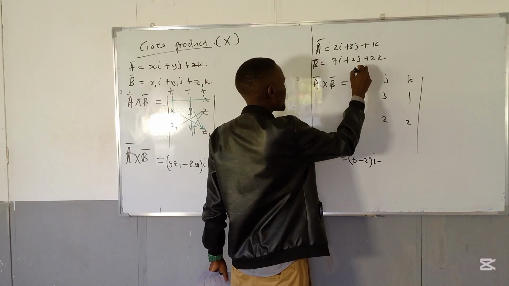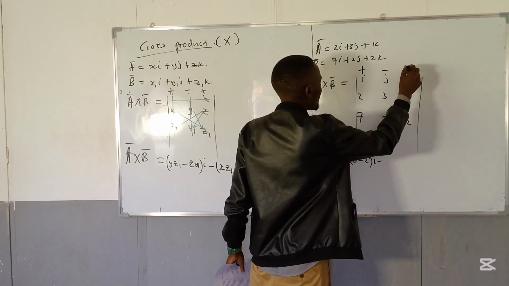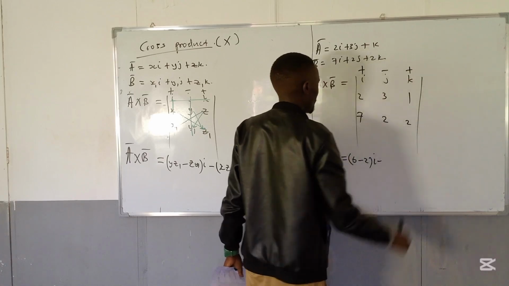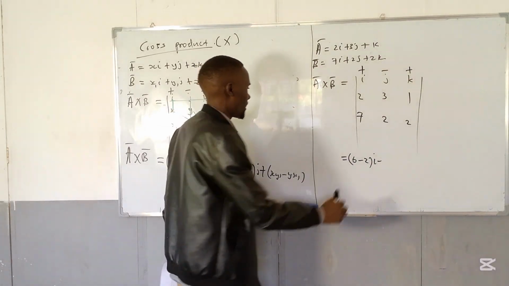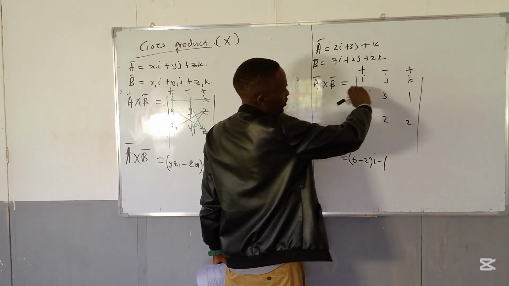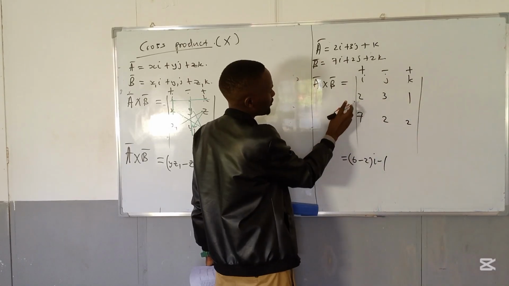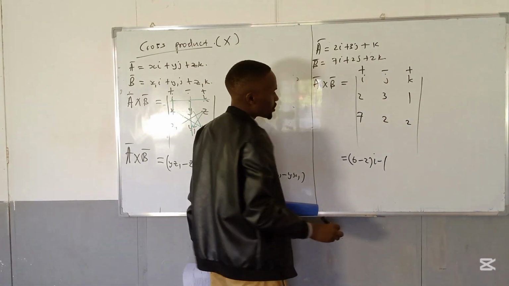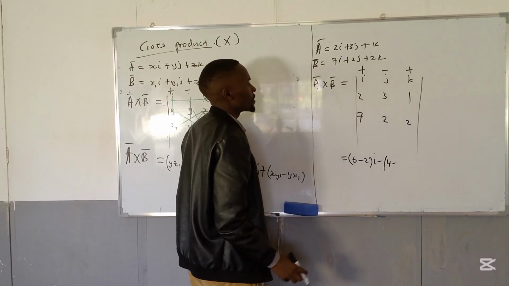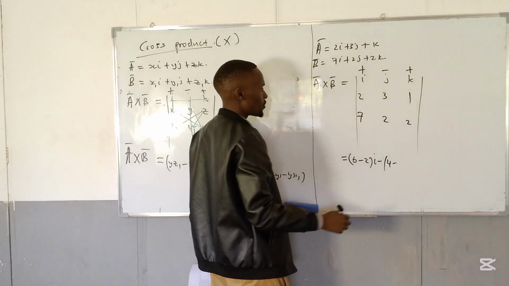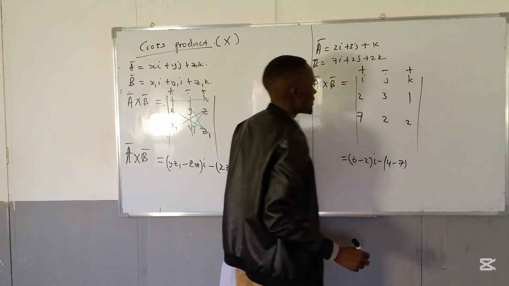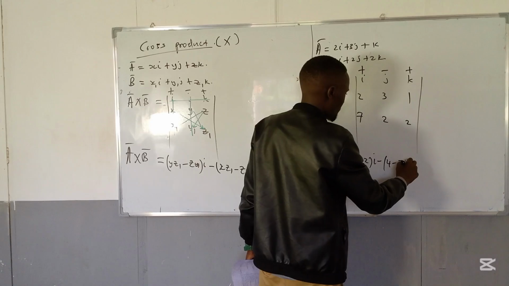Don't forget that here it is positive, here negative, and then here positive. Now it will be minus bracket, we close the J part and also the upper part. That means we have 2 times 2, which gives us 4, then 1 times 7, which gives us 7. The direction is J.